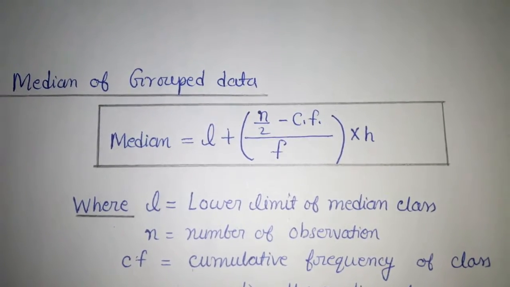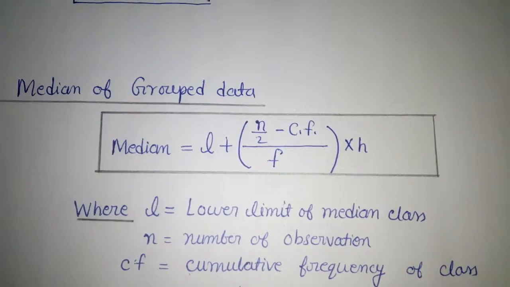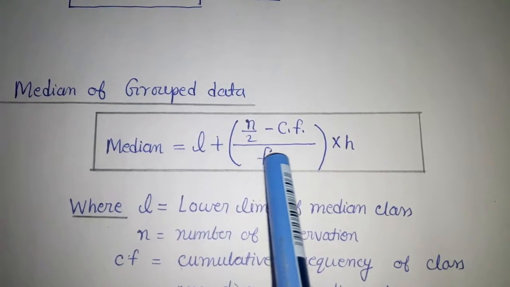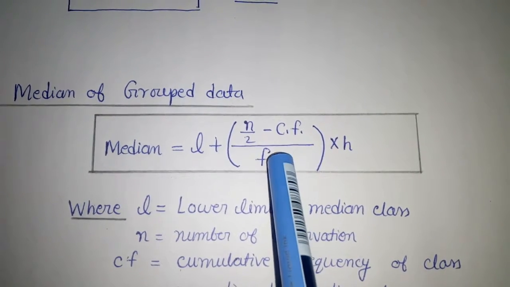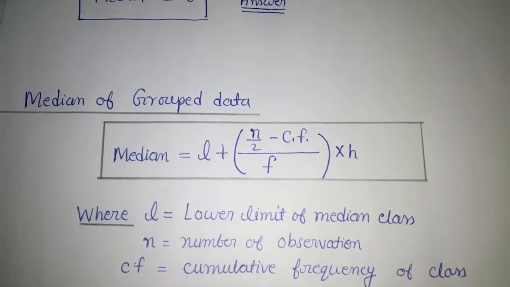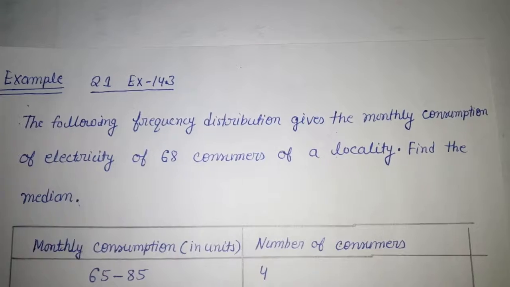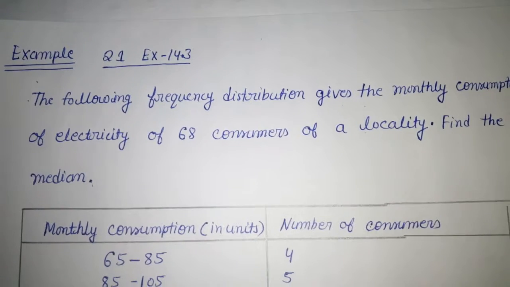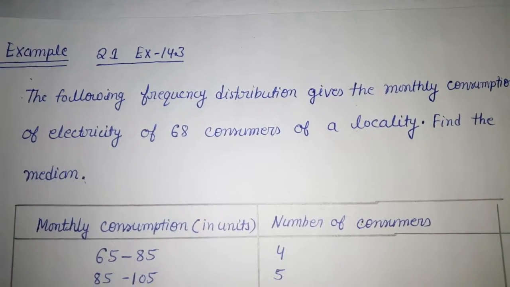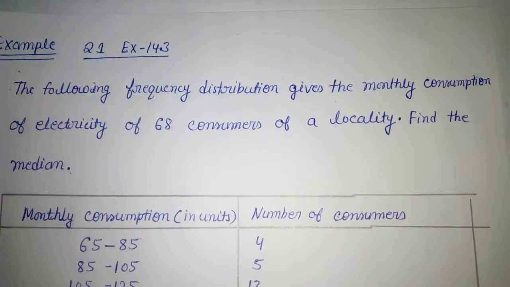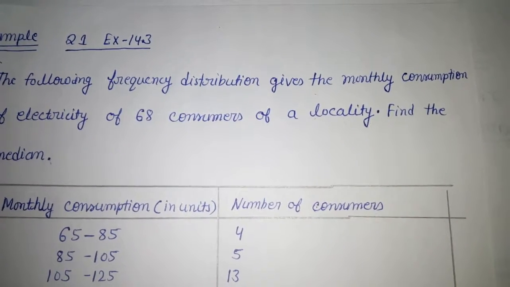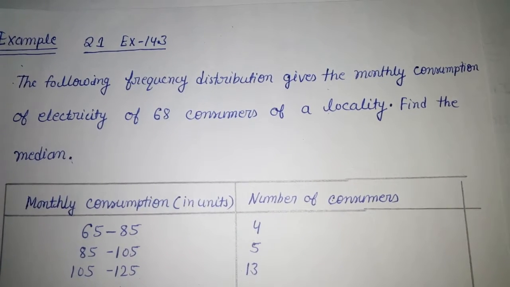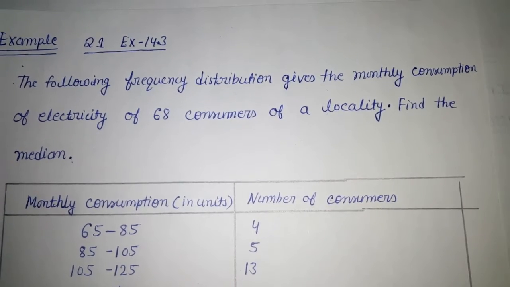So now this formula is very familiar to you. Now we will try to solve one question based on this formula so we can understand the median more easily. This is question number 1 of exercise 14.3. The following frequency distribution gives the monthly consumption of electricity of 68 consumers of a locality.